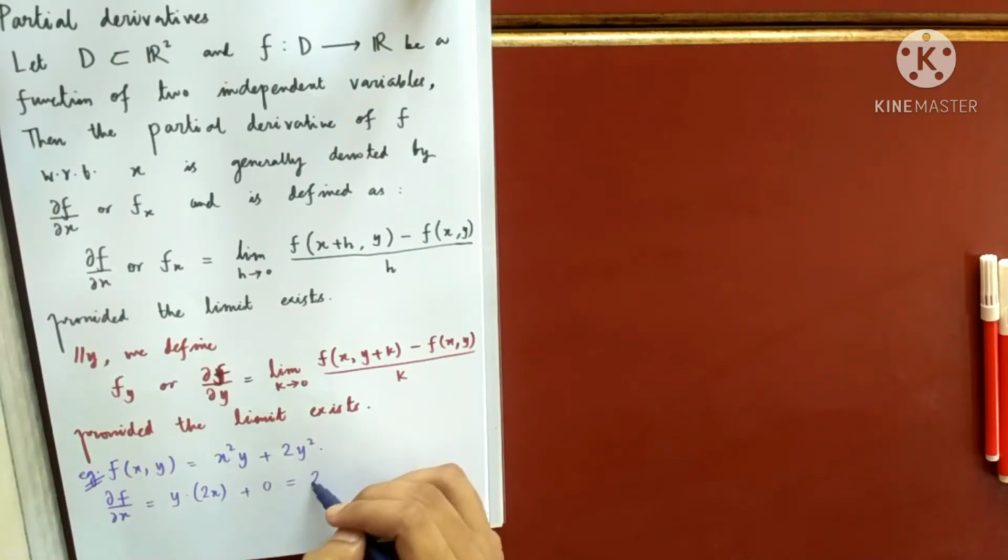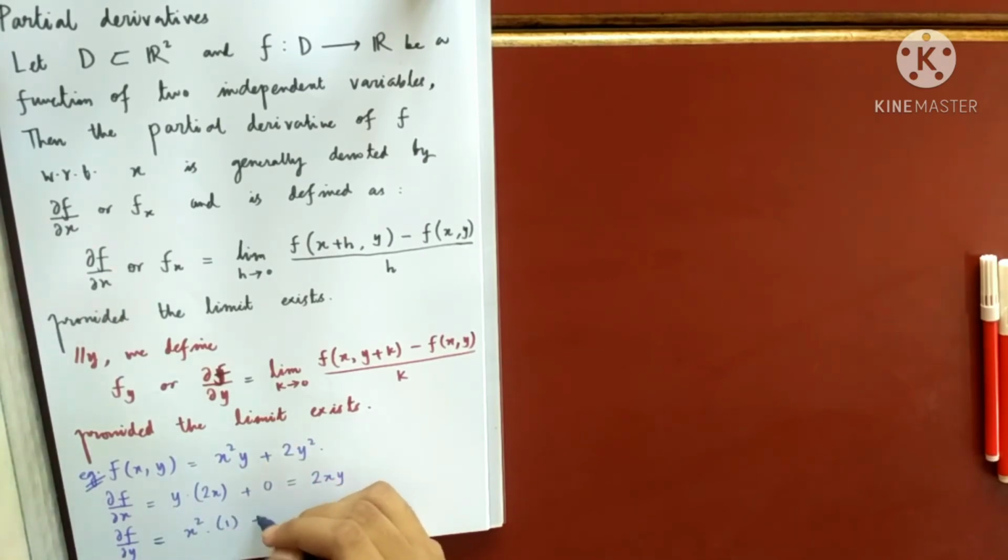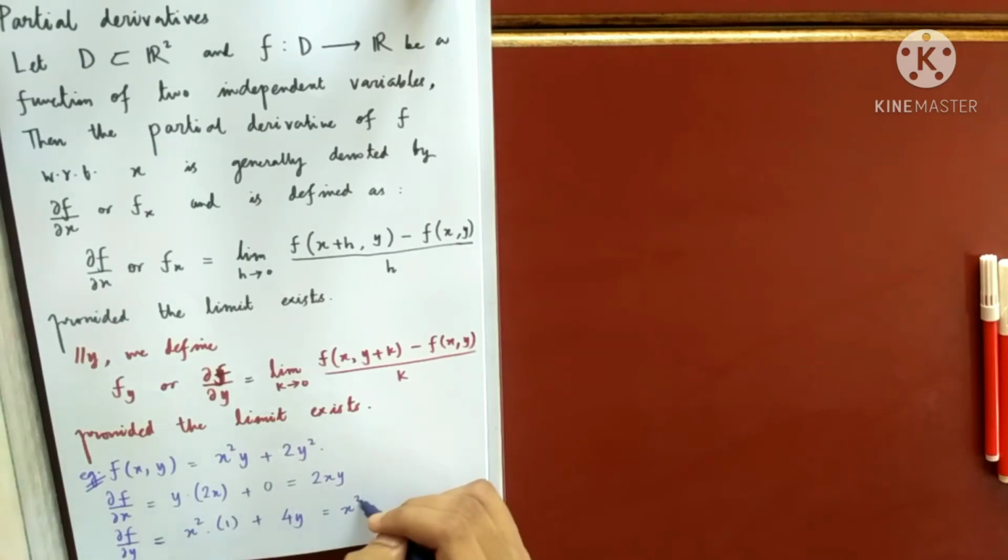So what is the partial derivative with respect to x? It is 2xy. Similarly, what is del f del y? You are differentiating with respect to y, treating x as constant. So x square is a constant, the differentiation of y with respect to y is 1, and the differentiation of 2y square is 4y. So it is x square plus 4y. Understood my point?